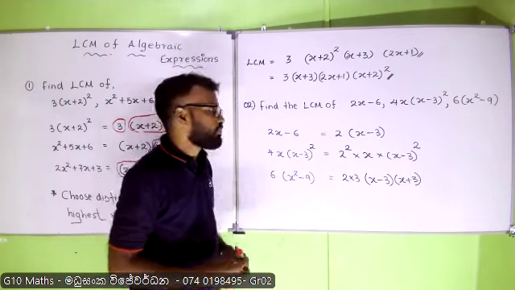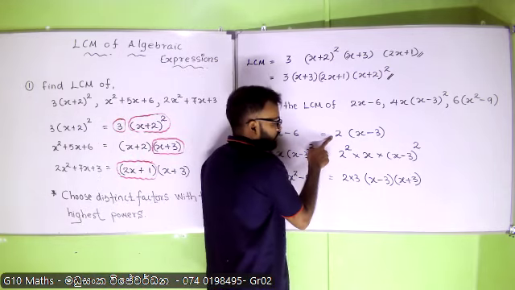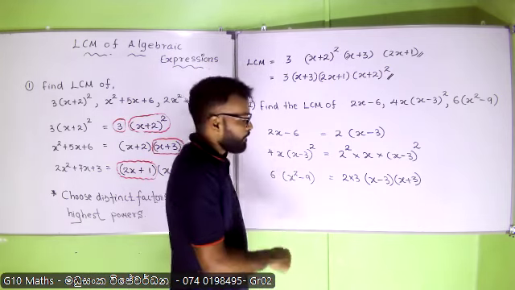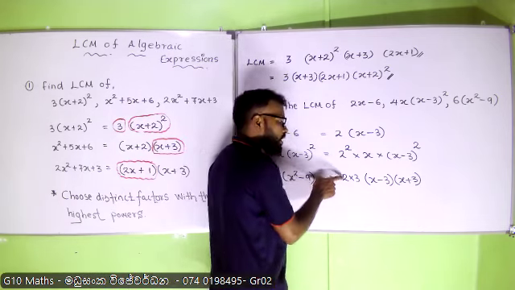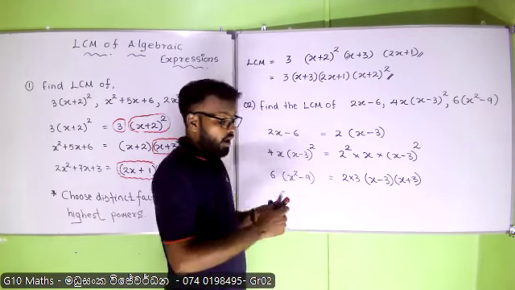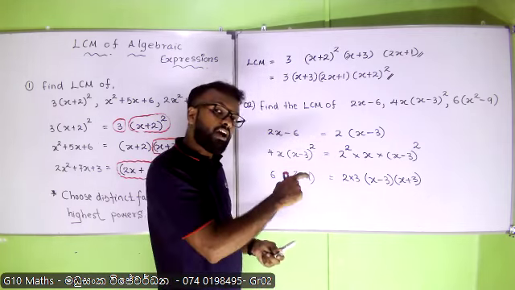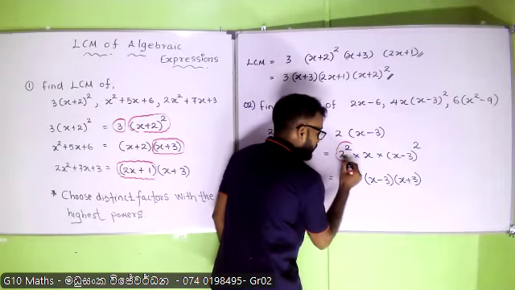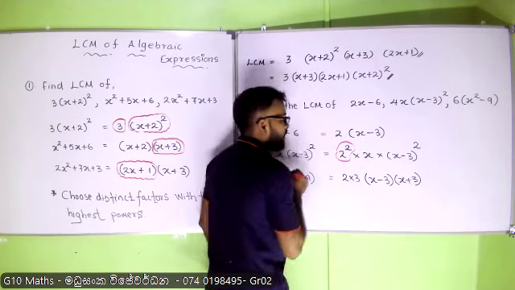So, the distinct factors with the highest power. 2: this is 2 to the power 1, and here also you have 2 to the power 1, but here, 2 to the power 2. Distinct factor with the highest power. I am going to highlight it.